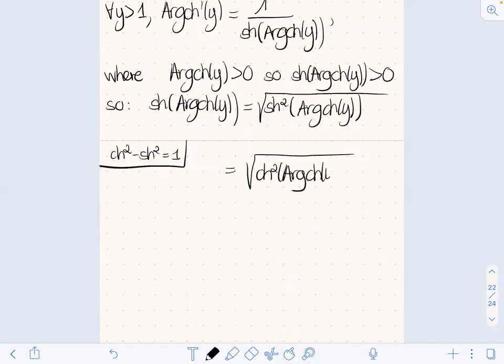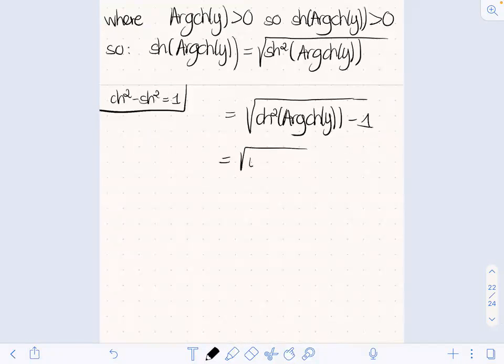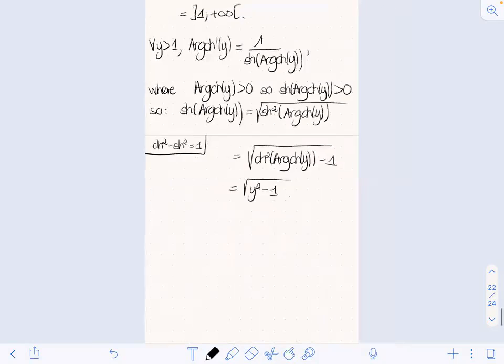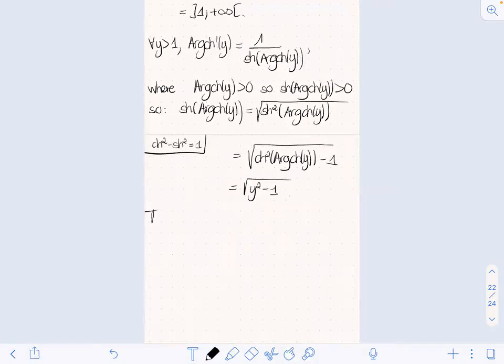And so we get the square root of y squared minus 1. And so for any y greater than 1, argch prime of y is 1 divided by the square root of y squared minus 1.